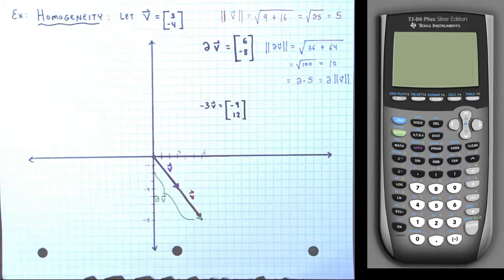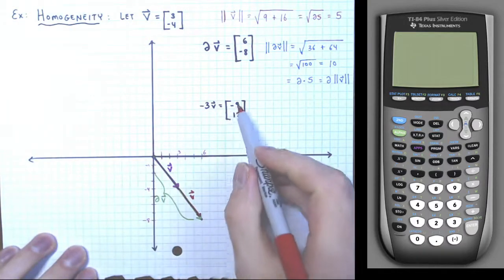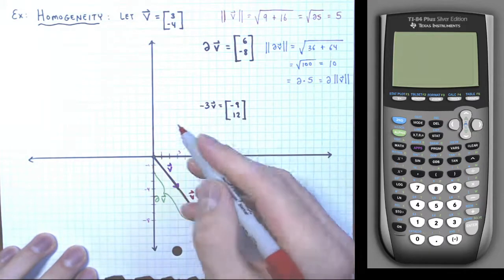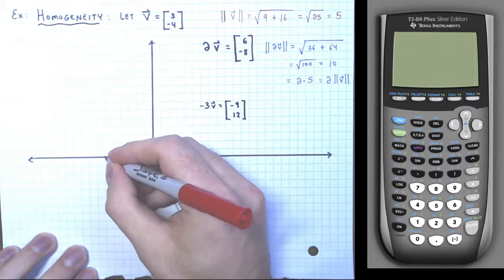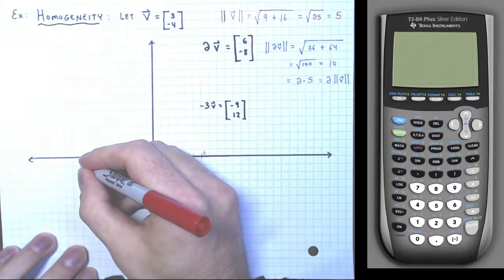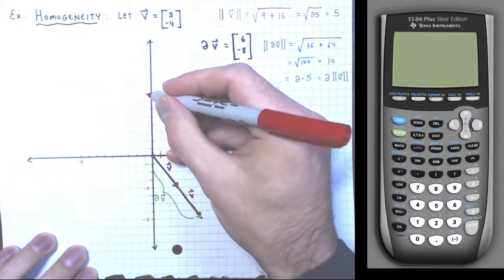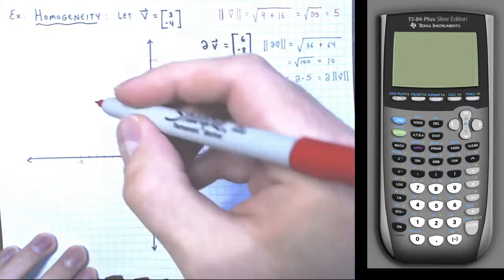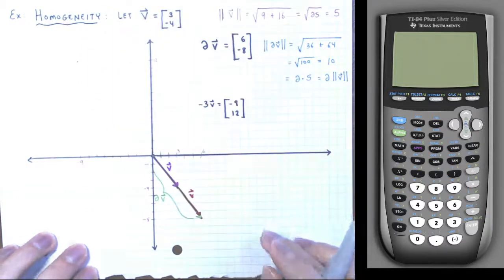All right, well, let's see. Let me draw this again as a position vector starting from the origin. This negative 3v tells me go from my initial point left 9, up 12. So there's left 9 and up 12. Alright, so we'd end at this point here, it looks like.